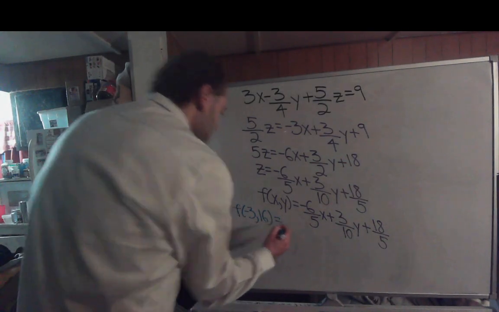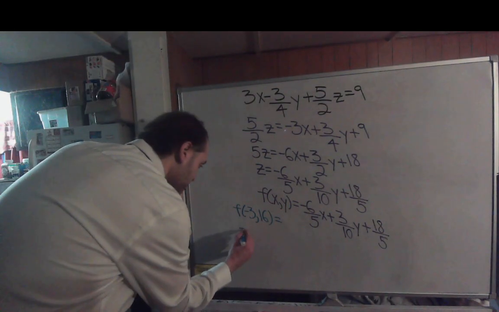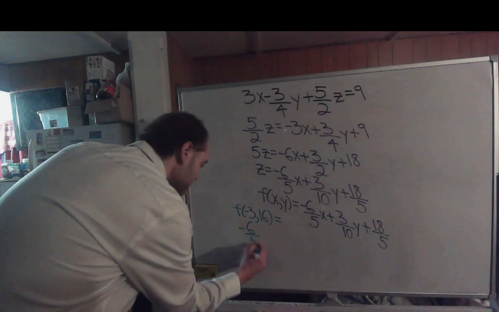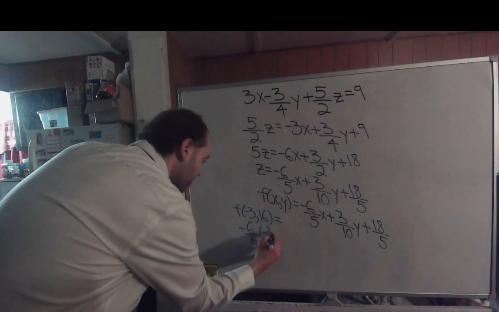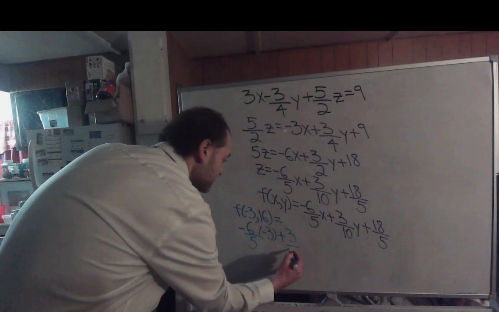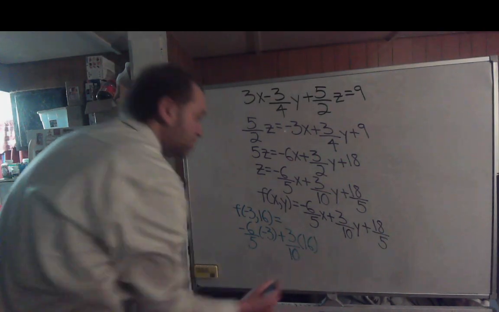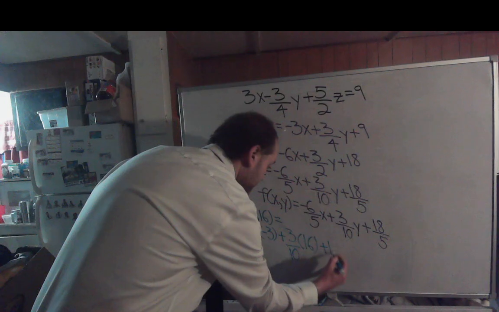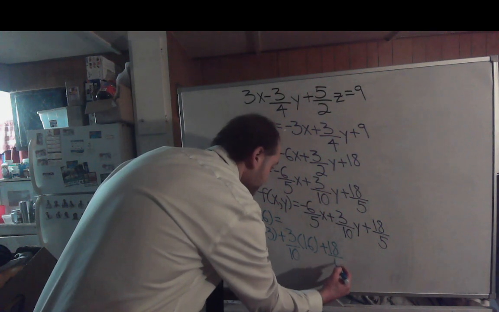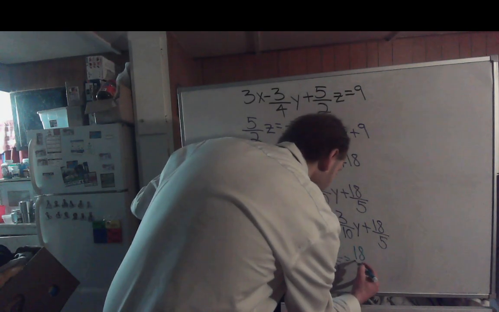So put in -3 for your x variable. That's going to be -6/5 times -3, then plus 3/10 times 16 for your y variable, plus 18/5. This is going to equal positive 18/5.